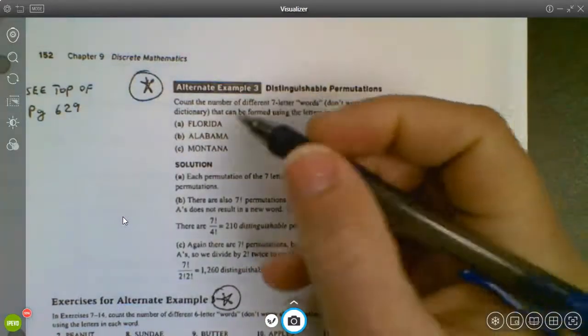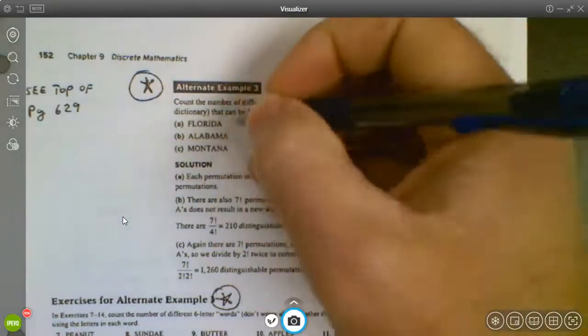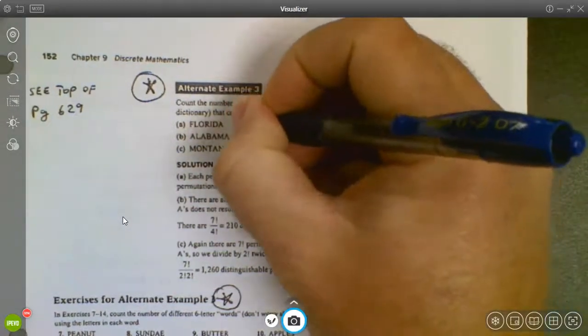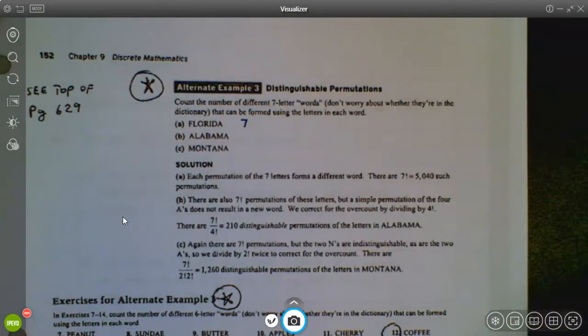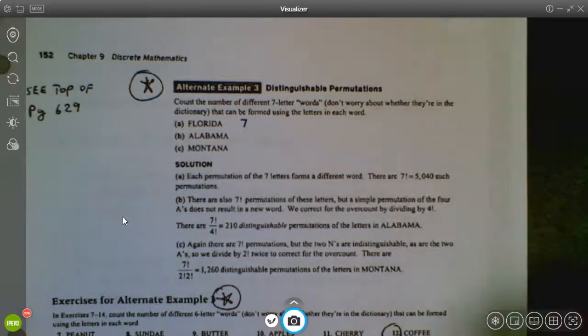So if I were going to say, how many ways could I choose the first letter in a word? Well, there's 7 of them. So there's 7 different letters that I have to choose from. As I go to the next slot, this is just like the license plate thing that we were just doing. As I go to the next blank to fill in, how many letters do I now have to choose from?